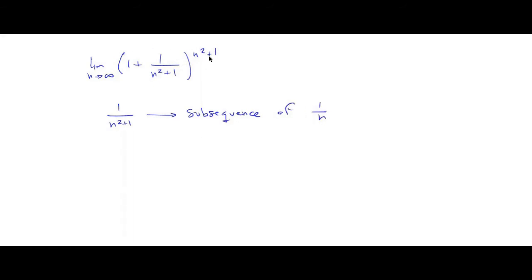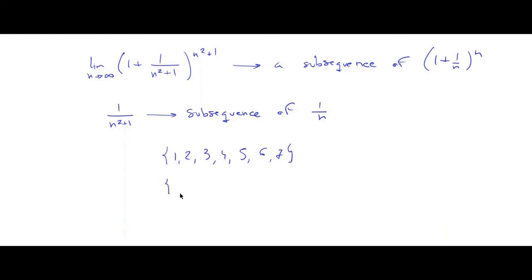And indeed this is a subsequence of the general term (1 + 1/n)^n, because instead of taking every number, you're just taking the square plus 1. So n squared plus 1 is 2, 5, 10, 17, whatever. These are clearly numbers in this sequence, but not all of them.